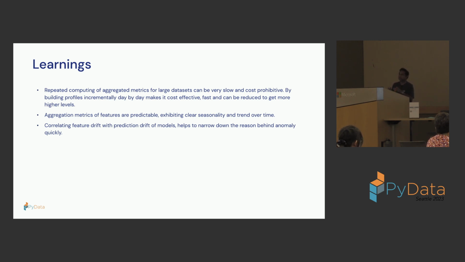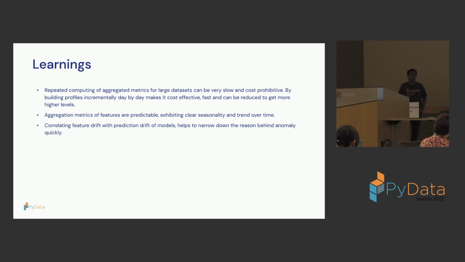This is a merging of many things: profiling, engineering, merging, and then stats forecast. We learned that computing aggregated metrics can be very slow and cost prohibitive. I'm sure you have faced these challenges, and incremental processing day by day makes it more so. We want a cost-effective way of doing things.